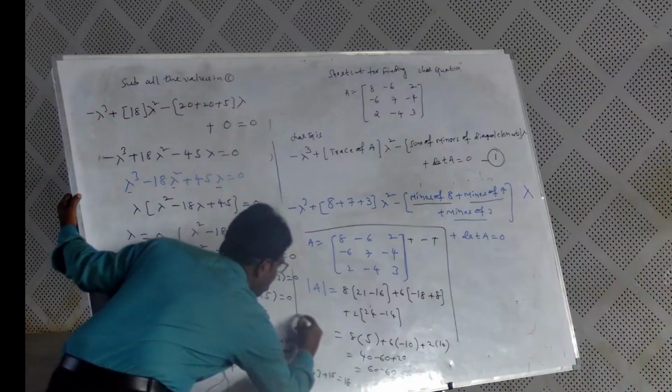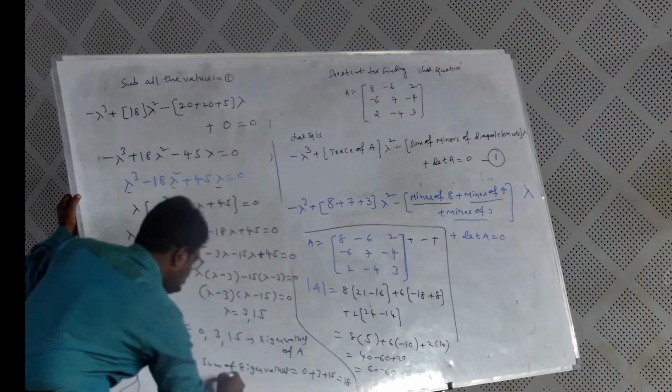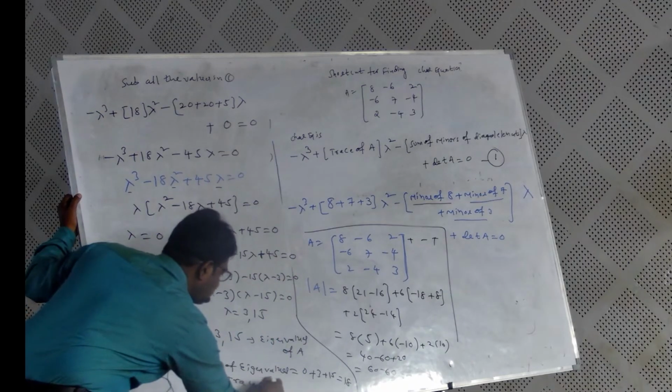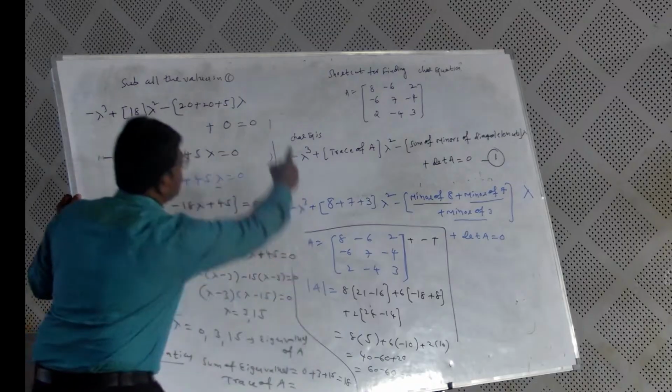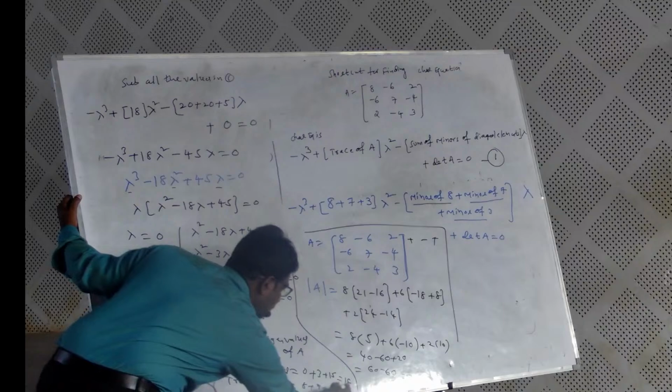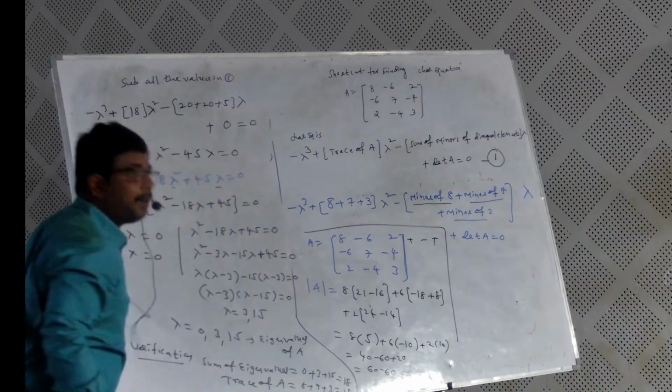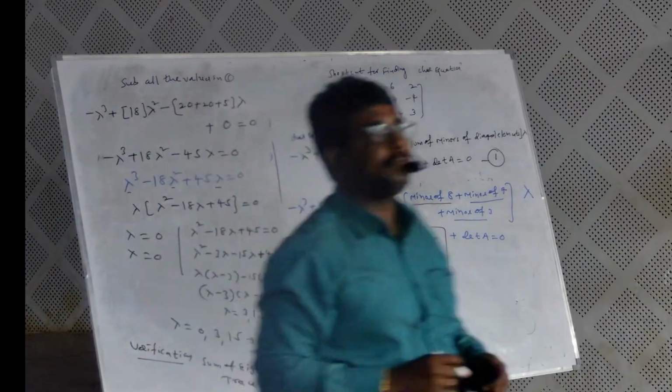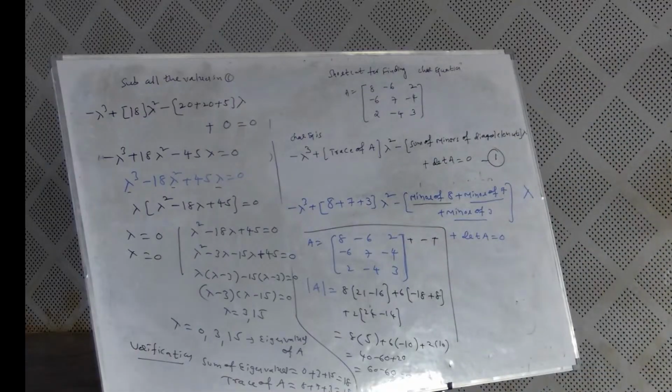How much? 18. And what is the trace of the matrix? Trace is 8 plus 7 plus 3. Are they the same? Then you confirm your eigenvalues are correct, there is no calculation error anywhere.